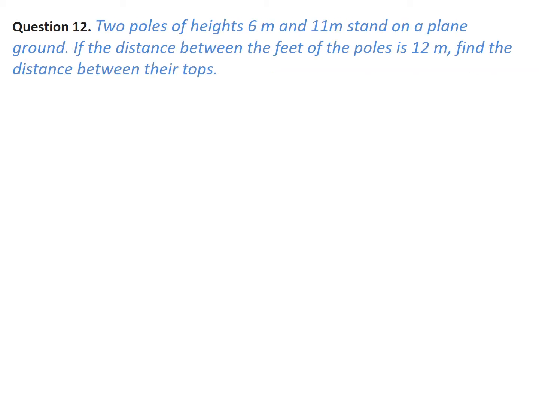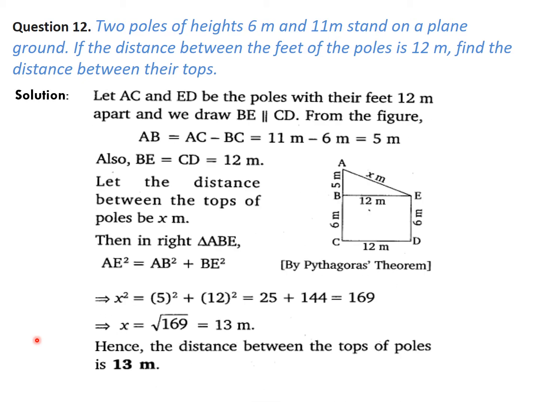Question number 12. Two poles of heights 6 meters and 11 meters stand on a plain ground. If the distance between the feet of the poles is 12 meters, find the distance between their tops. We take the diagram like this. We have two poles AC and ED.